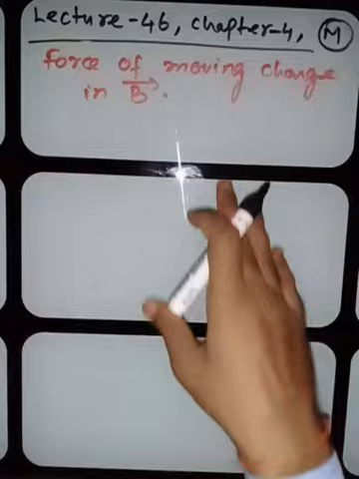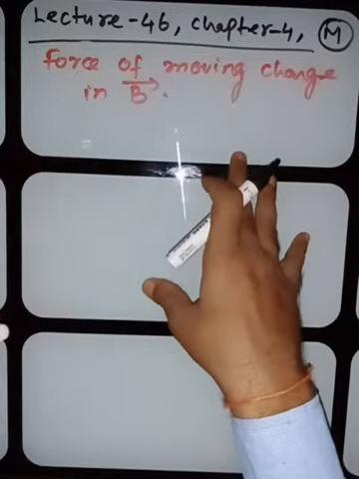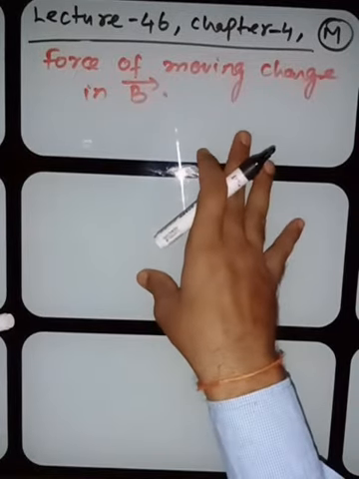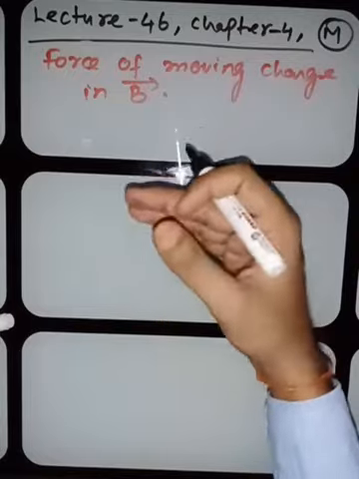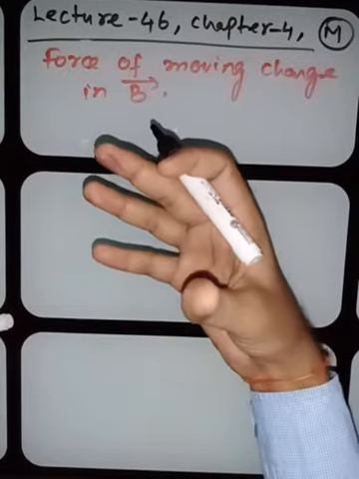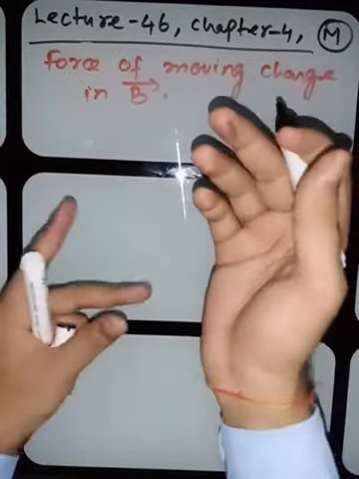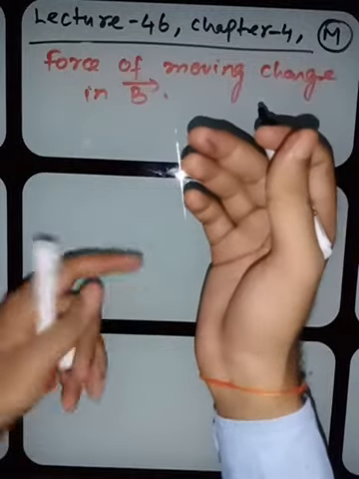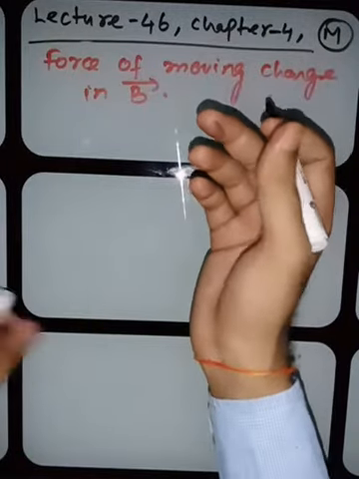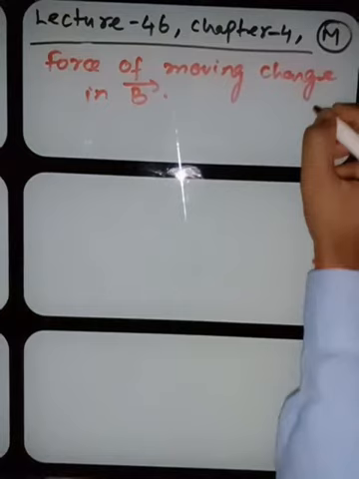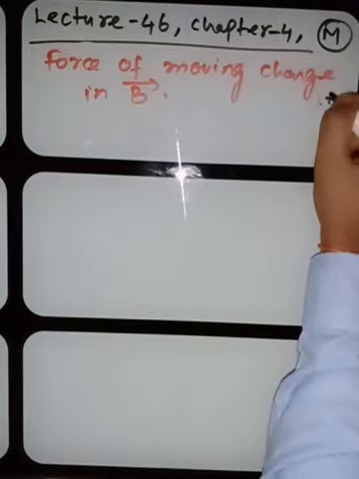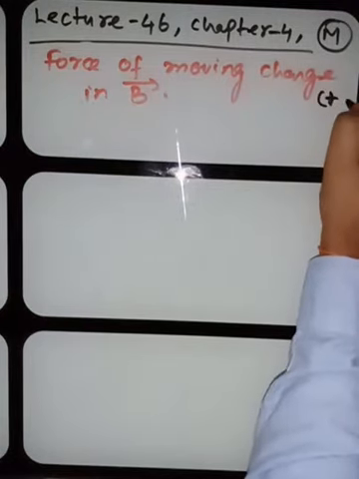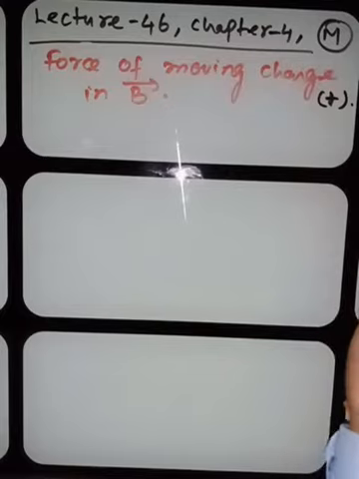All the laws in your course have been discussed about the positive charge. To find the direction of force, you have to use Fleming's left hand rule. I will discuss a few more very simple rules, but remember, you have to be focused on the positive charge.